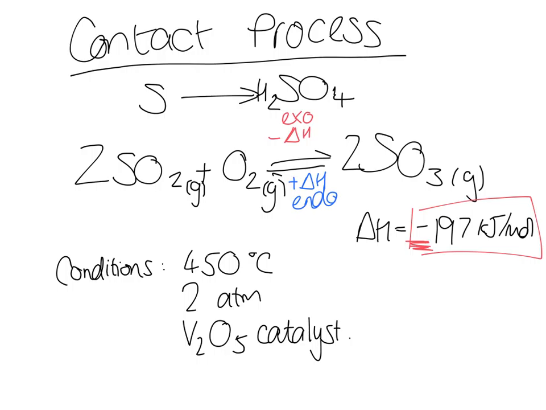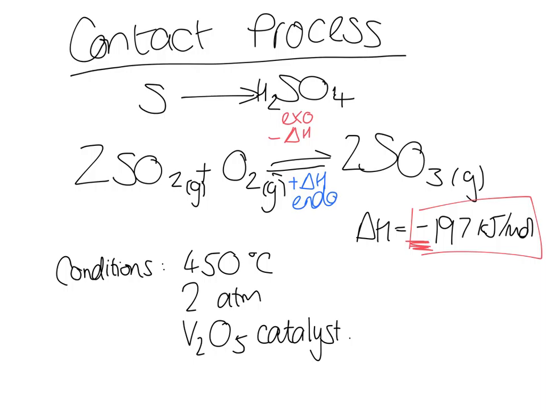But there's a problem with the high temperatures. If it gets too high, because it's exothermic, if we heat it up it's giving out even more heat. That's going to have the effect of what on my yield? Decrease. It's going to decrease my yield. So we want to keep it around 450 degrees. We don't want it to get too much higher than that, because that's going to decrease our yield.